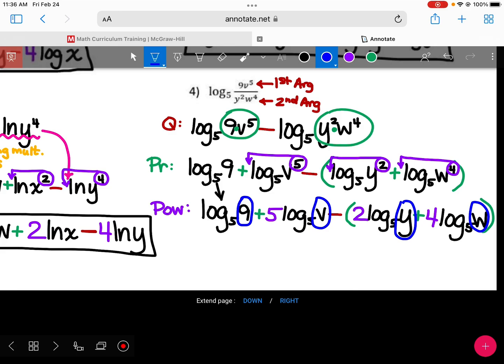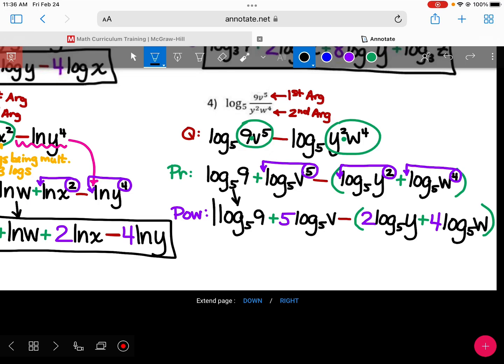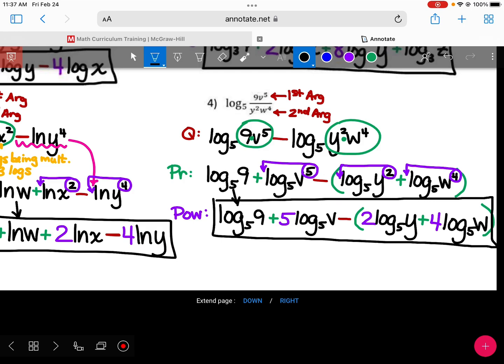Do any of those arguments have multiplication in them? Nope. Do any of those arguments have exponents on them? Nope. Then I am fully expanded. No more division, no more multiplication, no more exponents in my arguments. So far, so good? All right.